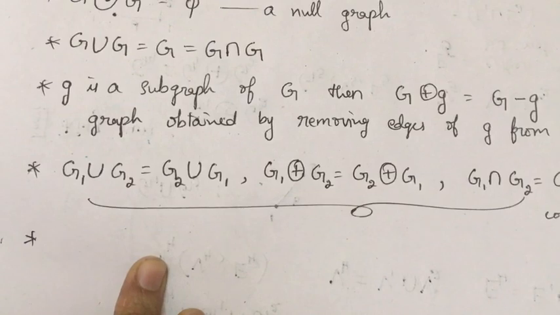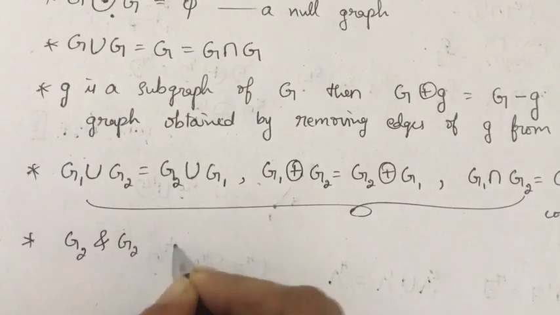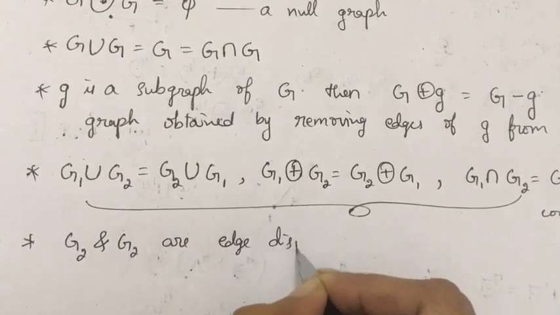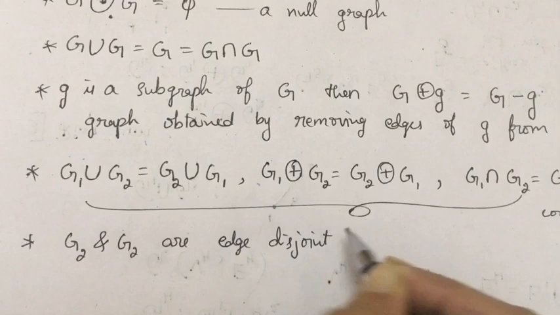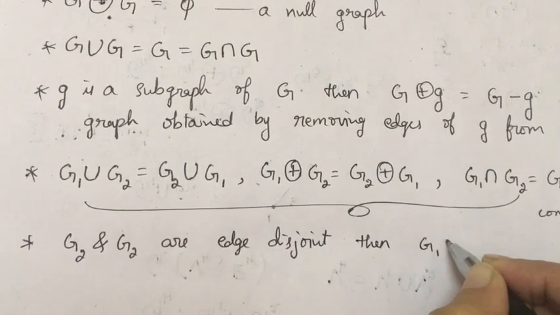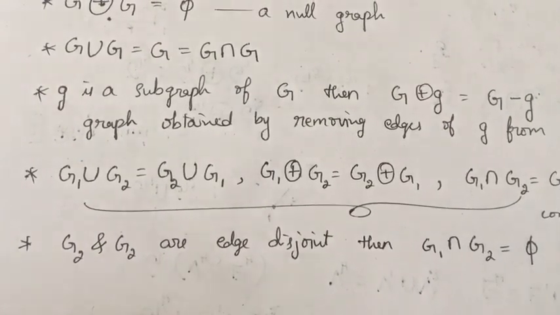If G1 and G2 are edge disjoint, then G1 intersection G2 will be a null graph.